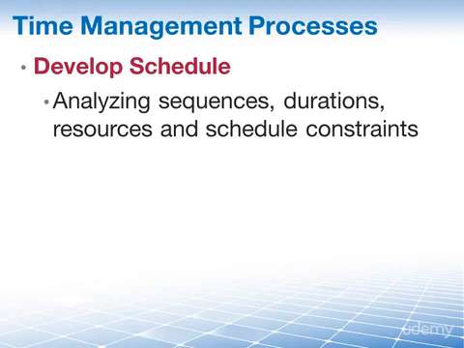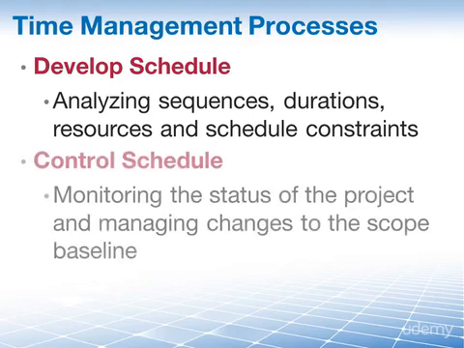And once we have done this, we now have our schedule baseline. We're handing everything off into the executing process group where the activities are actually being performed by the people who are assigned to it. We need to control our schedule as well.